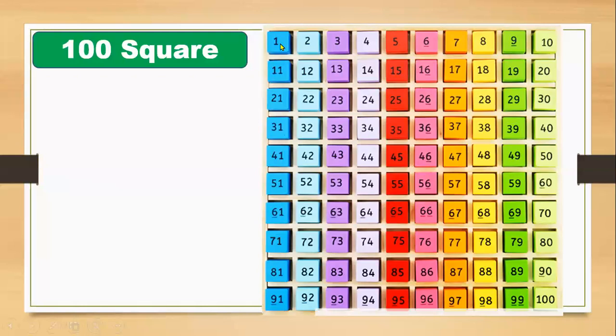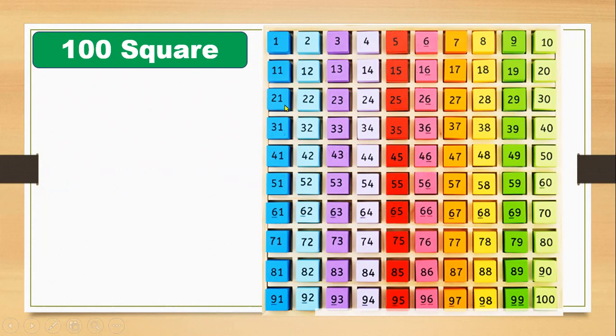As you can see, the numbers start from 1 and finish this row at the number 10. This row starts from 11 and finishes at 20.